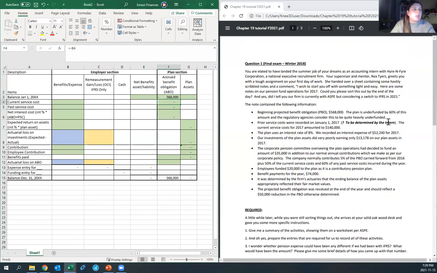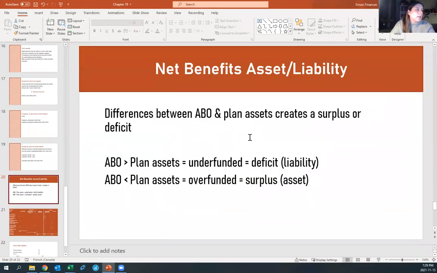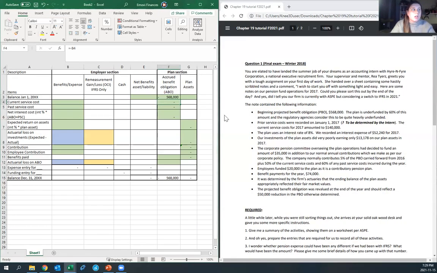And then it says here that the plan is underfunded by 60% of this amount. So when it's underfunded, remember from the PowerPoint, it means that your ABO is greater than the plan assets. So it's greater than the plan assets by 60%. So it means that your plan assets are 40% of this amount.